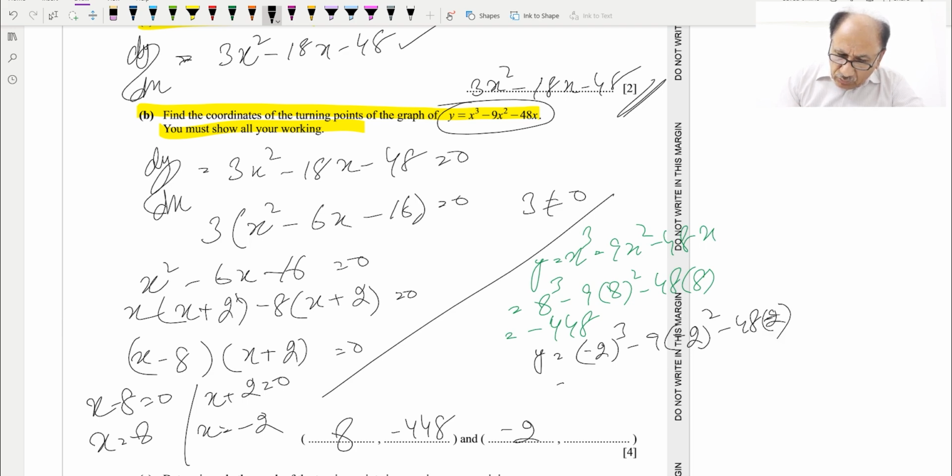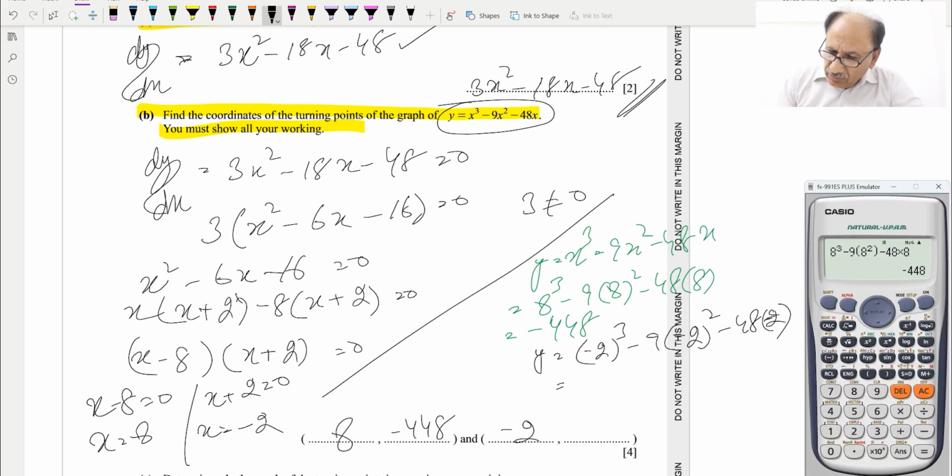So this will be in brackets minus 2 cube, and next will be minus 9 into minus 2 square, and minus 48 into minus 2.